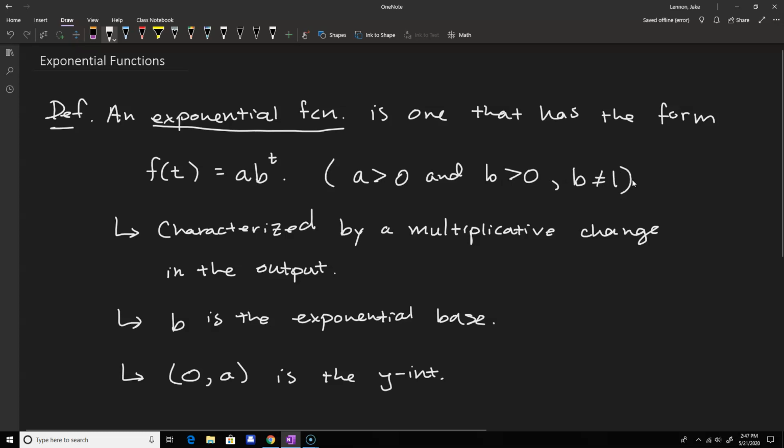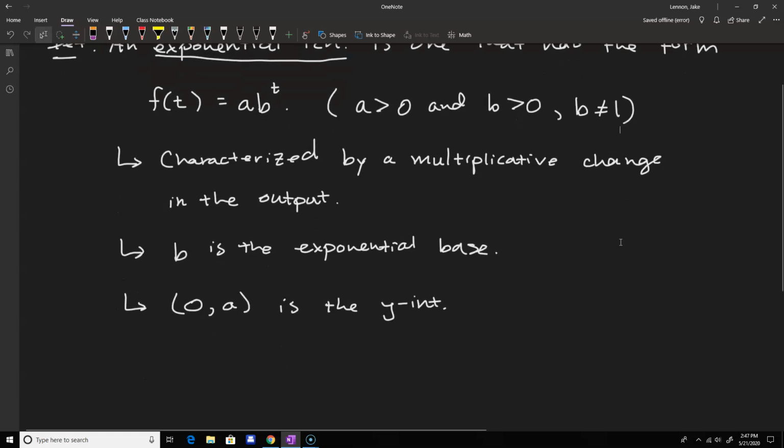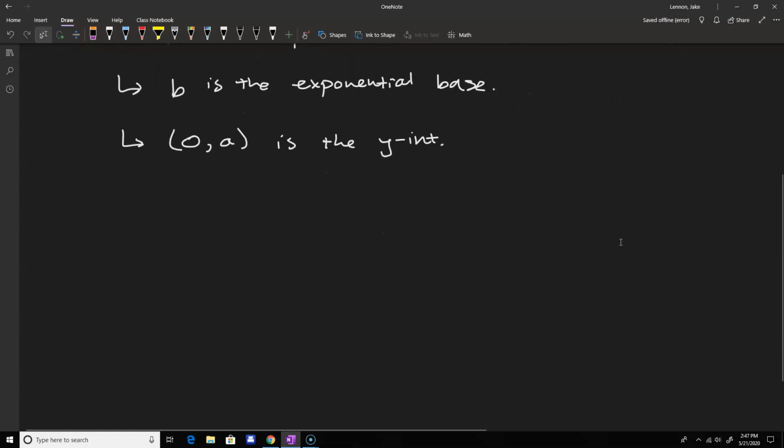If b were equal to 1, then 1 to any power is just equal to 1, so that wouldn't do much. So those are some restrictions on the parameters above. If you would graph these things, there's essentially two possible graphs: one indicating exponential growth and the other indicating exponential decay.